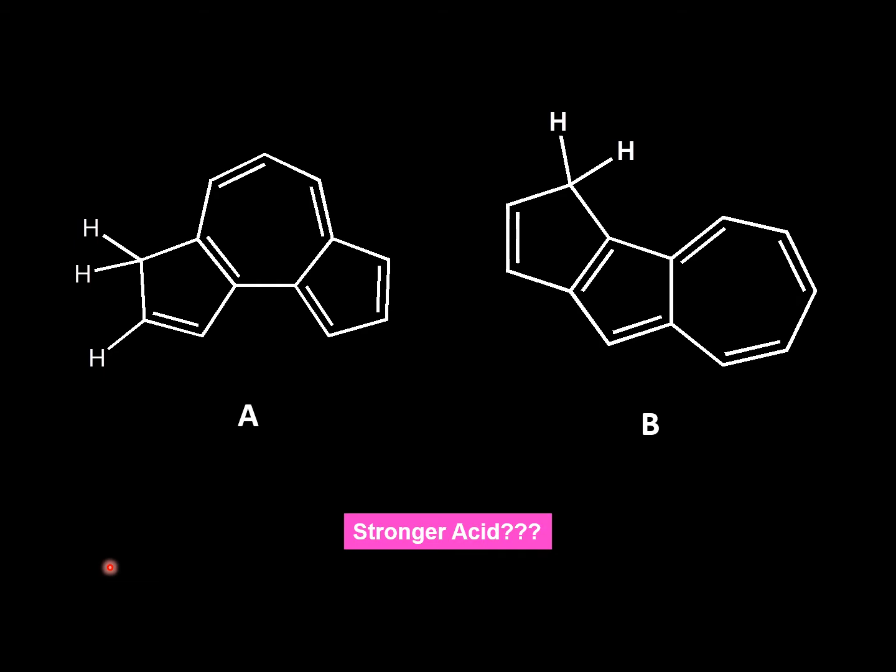Both the molecules contain two types of carbon-hydrogen bond. The carbon-hydrogen bond which has sp2 hybridized carbon is found to have more strength, a stronger bond than the carbon-hydrogen bond that contains sp3 hybridized carbon.